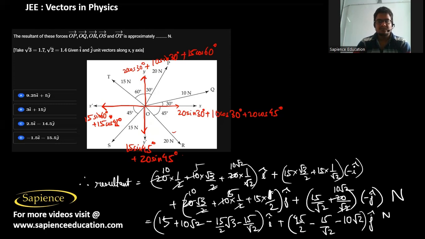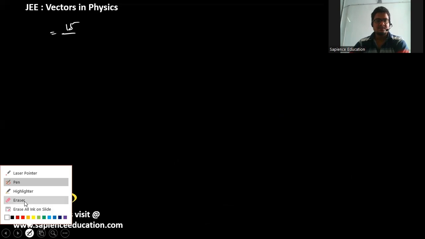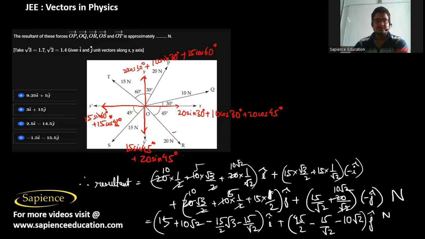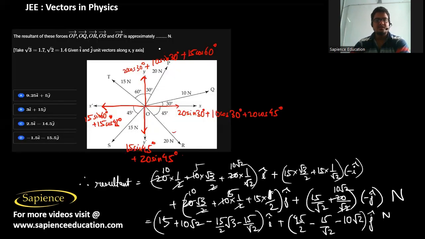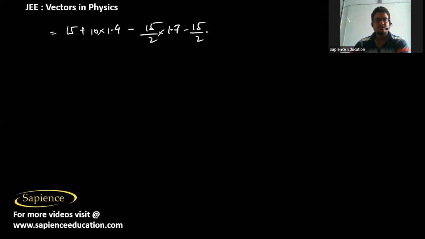So now therefore this will be equal to 15 plus 10 root 2, 10 into root 2, that is 1.4, minus 15 by 2 root 3, 15 by 2 into root 3, that is 1.7, then minus 15 by 2 into root 2, that is 1.4.